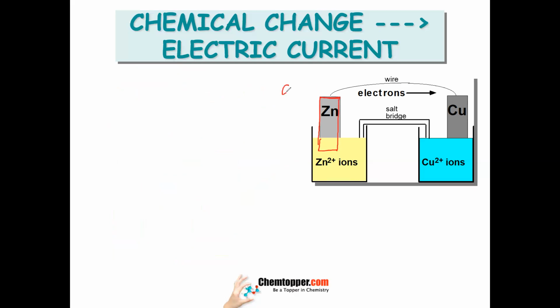They are called electrodes. These are metals, electricity can flow through them. Zinc metal dipped in its own ions, meaning zinc in, let's say, zinc sulfate, and copper metal in copper sulfate. You can see these two compartments.